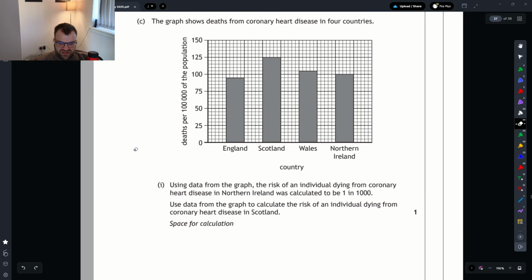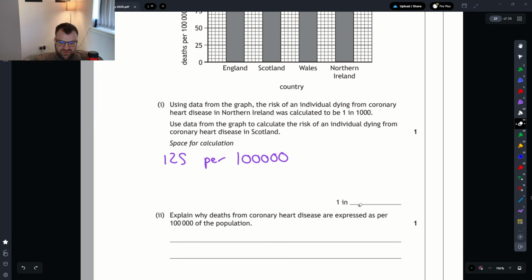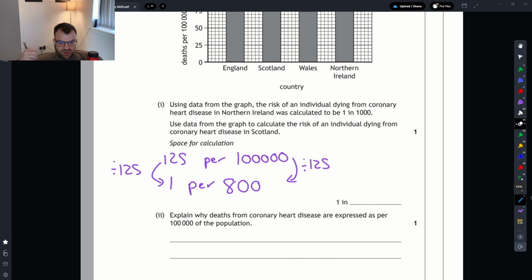Moving down, we're asked to use the graph to calculate the risk of an individual dying from coronary heart disease in Scotland. Looking at the graph, it's 125 per 100,000. The question wants 1 in something. So I need to take my 125 and scale down to 1. If I divide both sides by 125, I end up with 800.